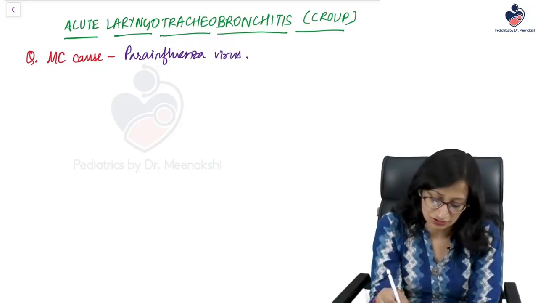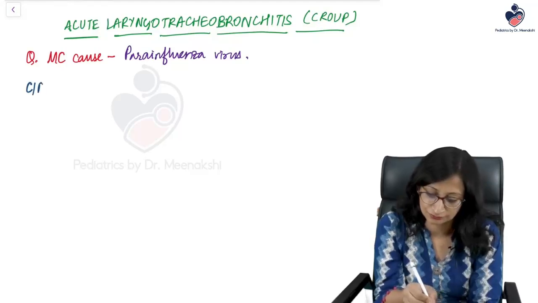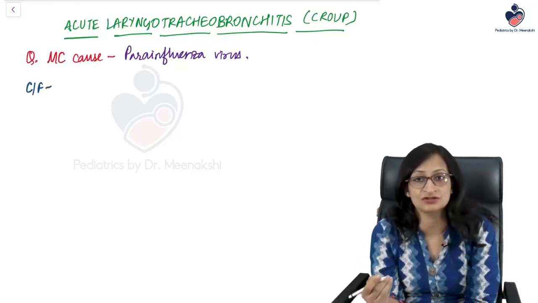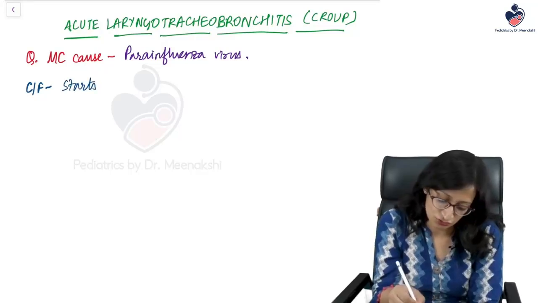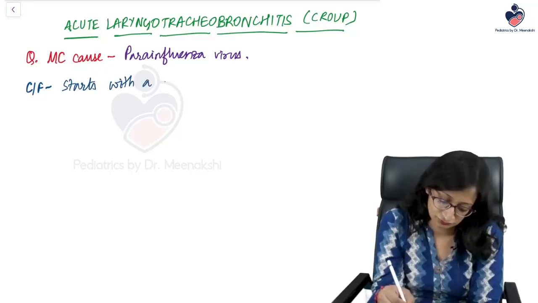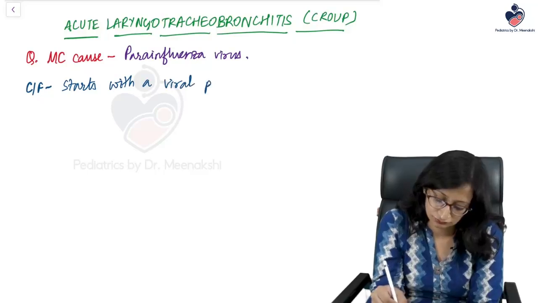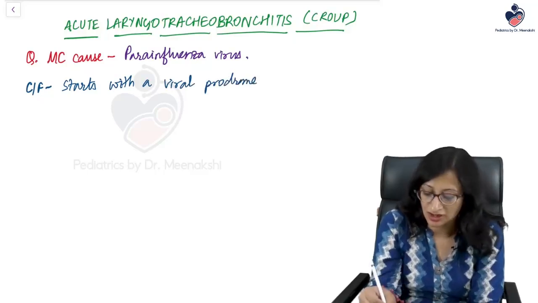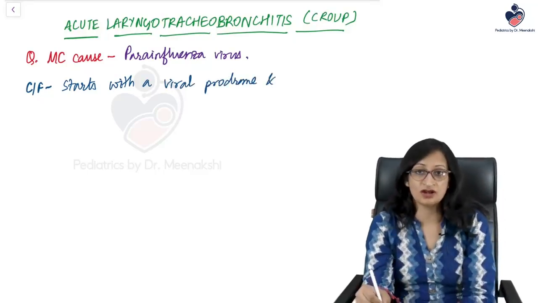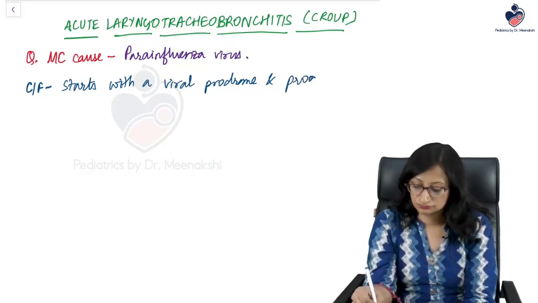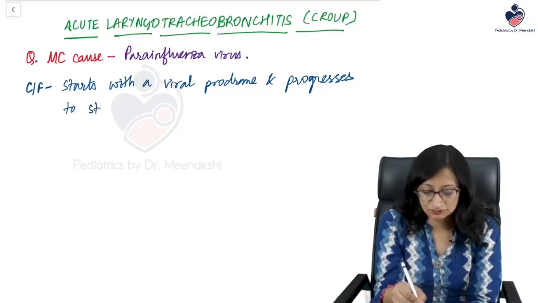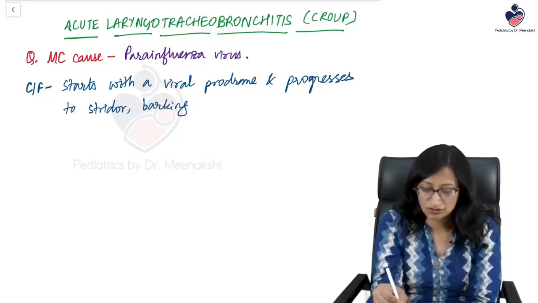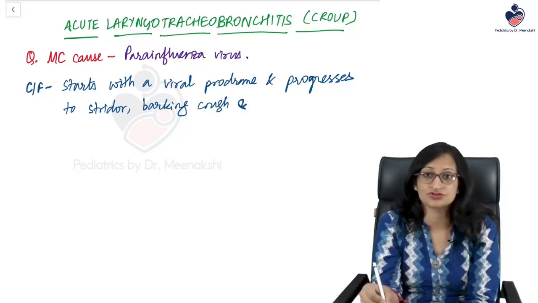Okay, so the clinical feature starts with a viral prodrome and progresses to stridor, barking cough and respiratory distress.